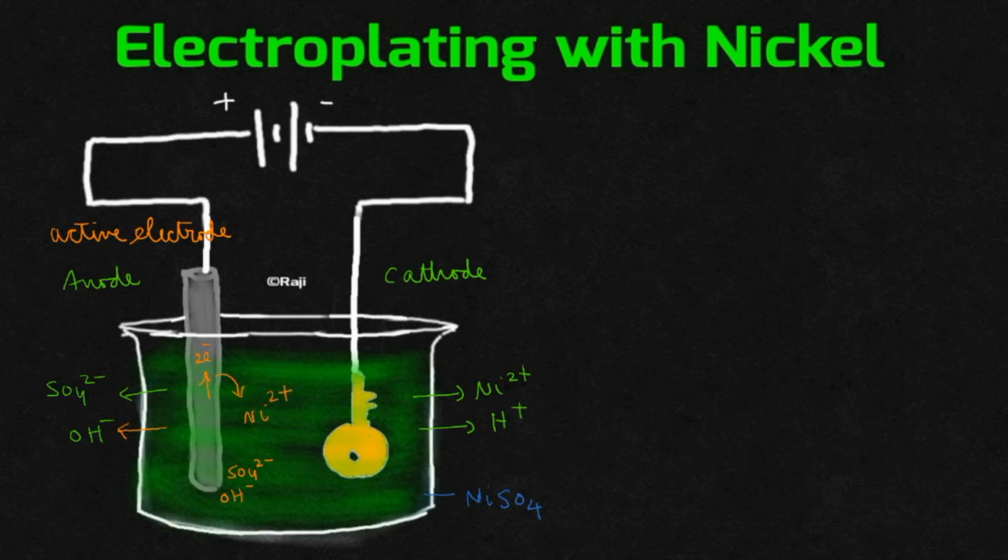Clear? SO4 2- ion and OH- ion will not get a chance and will remain in the solution itself. So write the anode reaction. What will be the reaction taking place at the anode? Nickel gives away 2 electrons and comes into the solution as Ni2+ ion.